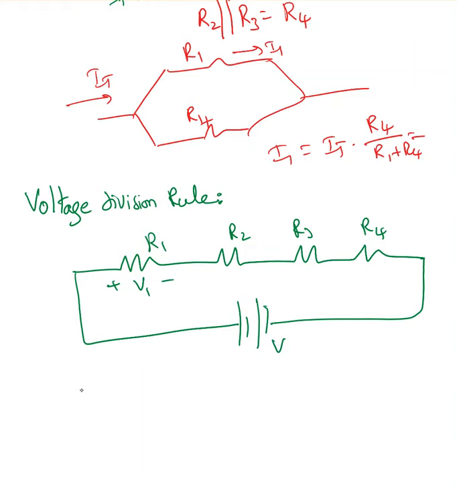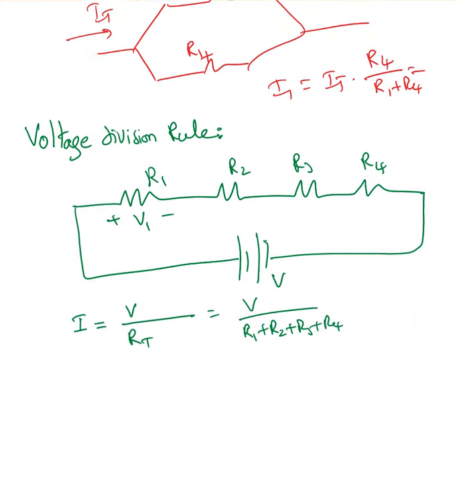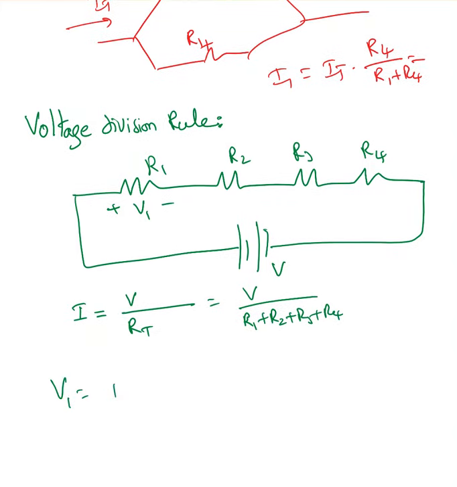How am I going to find it? First I need to find I equal to V over R total, which is V over R1 plus R2 plus R3 plus R4, right? Now to find V1 equal to I times R1. So I is nothing but V over R1 plus R2 plus R3 plus R4, times R1.